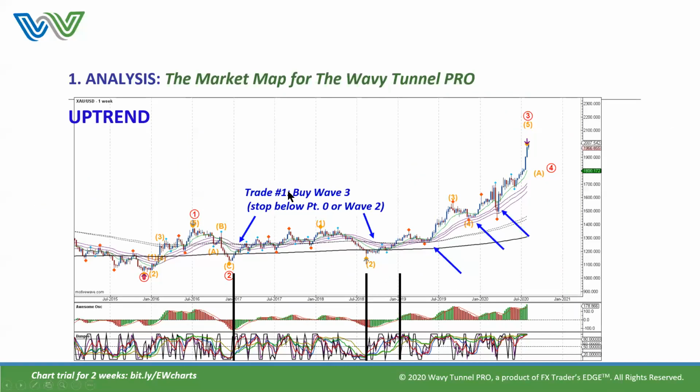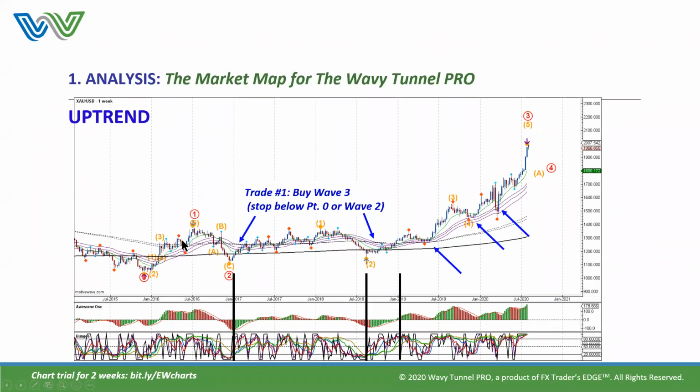And I've just noted trade number 1, buy the wave 3, stop below 0.0 or stop below wave 2. And here we've labeled this a primary wave 1, primary wave 2. And this is what I explained, that sometimes the wave 2 corrections are deep, almost double bottoms.